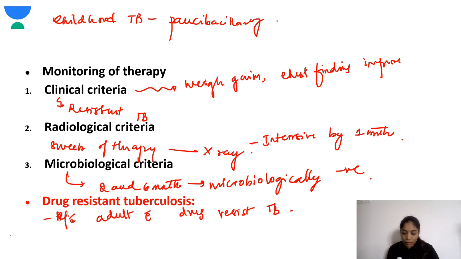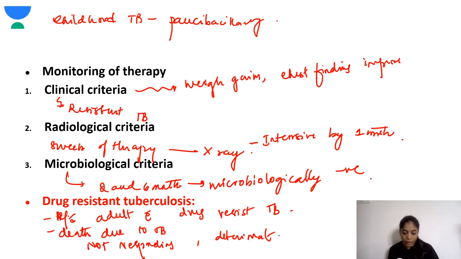Also irregular treatment, or recent death due to TB, if the child is not responding to the therapy, if the condition deteriorates, or if you see new lymph nodes. These are when you suspect the child to have drug resistant tuberculosis.